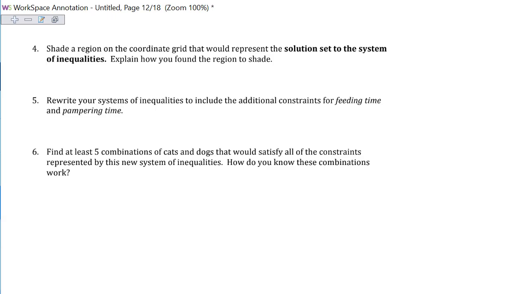So, if you remember, I guess we'll put this in blue. The feeding and pampering, that was 12C plus 20D is less than or equal to 8 hours. Now, was that all the same thing?